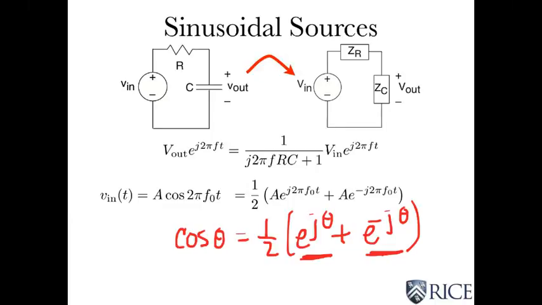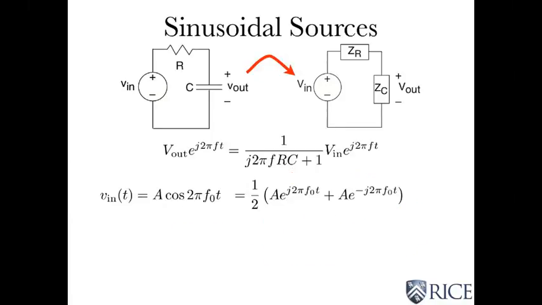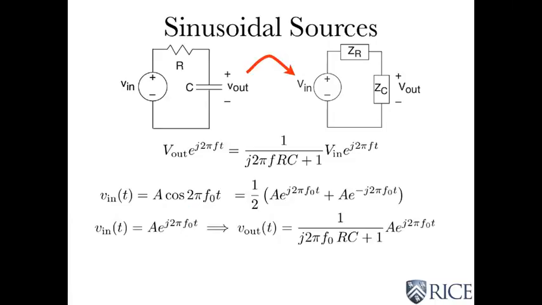So that applies to the case where theta here is just 2 pi f naught t. So I think of this as being a positive frequency complex exponential, and this being a negative frequency complex exponential. This may sound a little strange, negative frequency things, but it turns out this is really very important and the right way to think about it. So we can figure out what the output is for each piece at least.